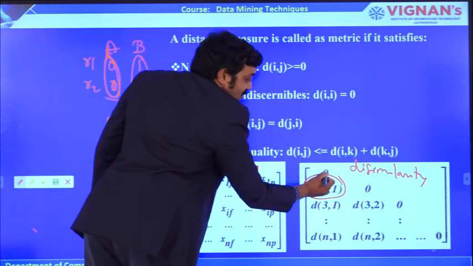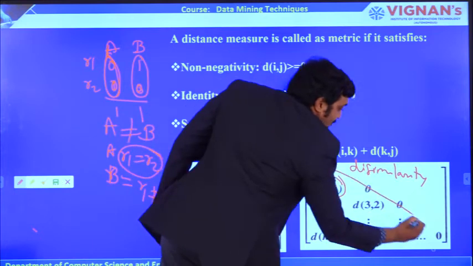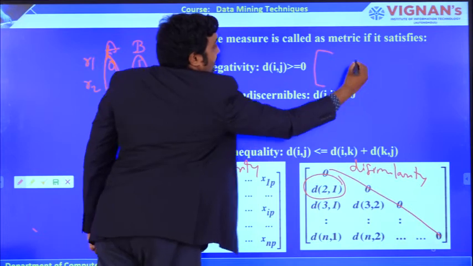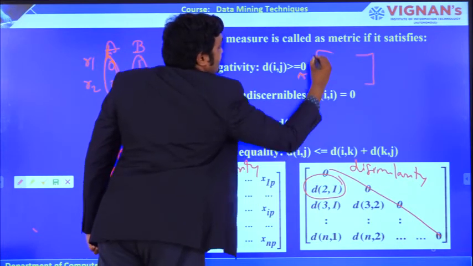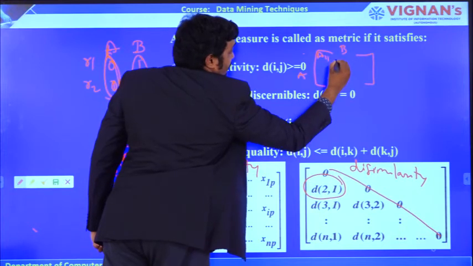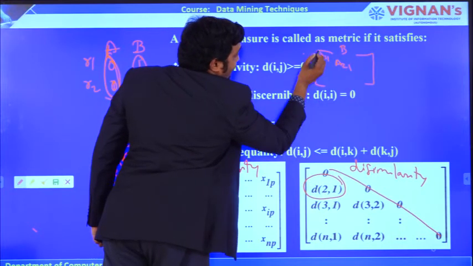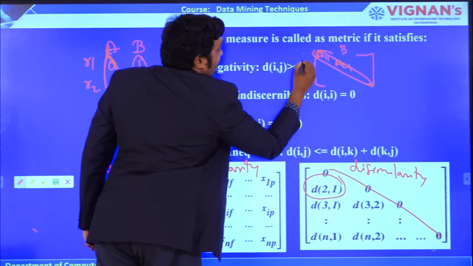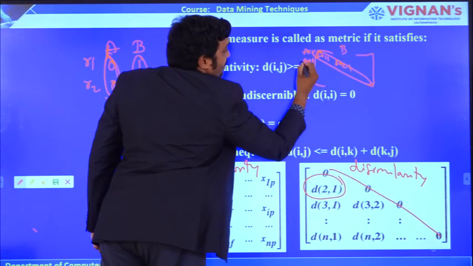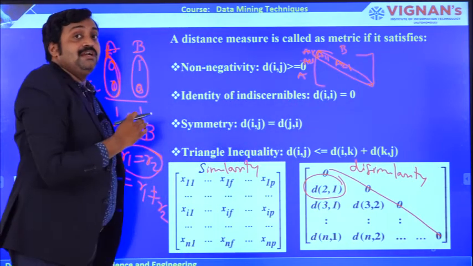You see, the diagonal elements are 0. When I take two objects A versus B, A11 and A21, the diagonal always comes under the same values, A11 compared with A11, so we get an equal value.